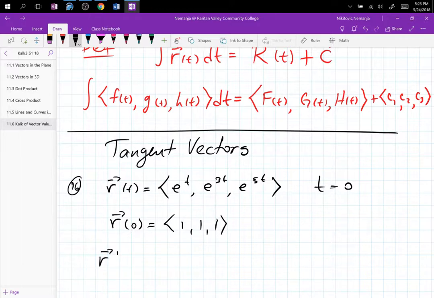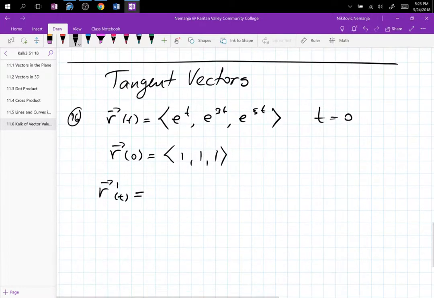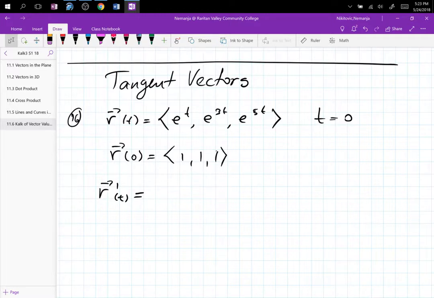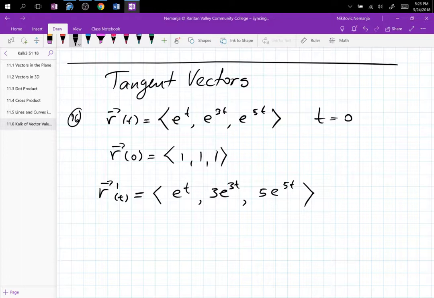Then I need to find the derivative of r, because we want the tangent vector. The derivative is going to be e to the t, which is itself, and then 3e to the 3t, and then 5e to the 5t. And now, to find the tangent vector, we are going to compute r prime of t at 0.